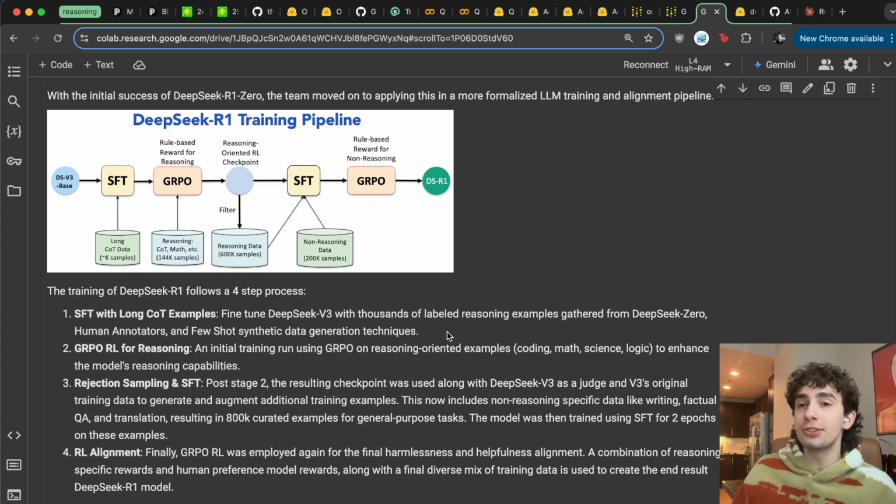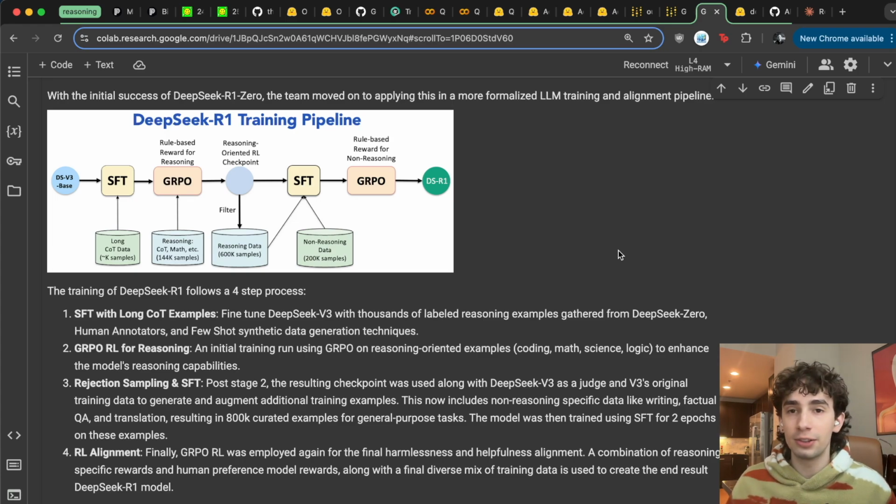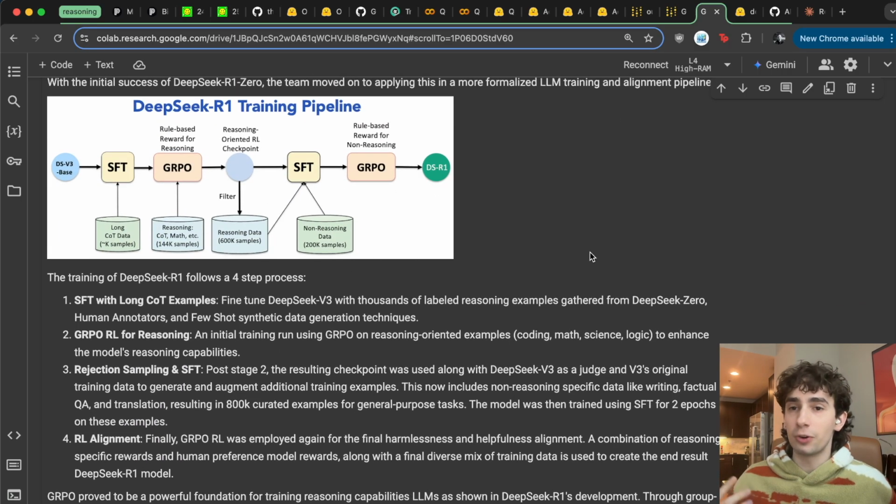The first step actually started with just regular supervised fine-tuning on long chain of thought examples. They started with the same base model of DeepSeek v3 and ran supervised fine-tuning on thousands of labeled reasoning examples. These examples were gathered from the DeepSeek-Zero model that they created up here, as well as from human annotators and different few-shot synthetic data generation techniques.